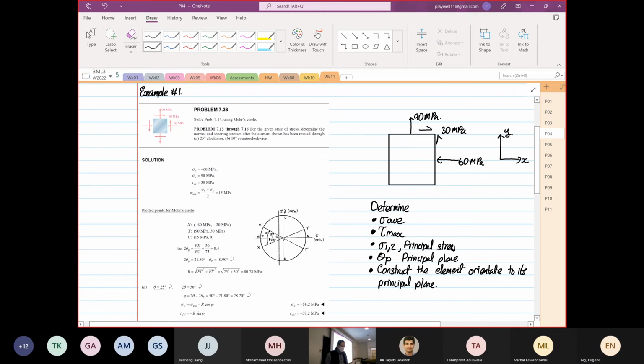So we're going to do a lot of things. We're going to do 1, 2, 3, 4, 5 different things, which are very important in Mohr circle. Then later part, we are going to rotate the element 25 degrees clockwise and 10 degrees counterclockwise. That is the later part.